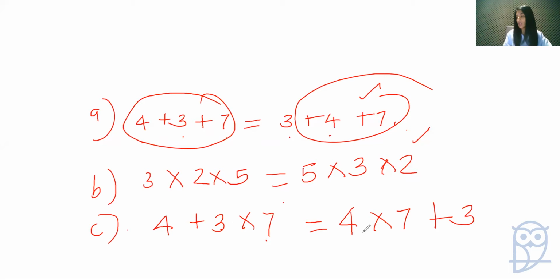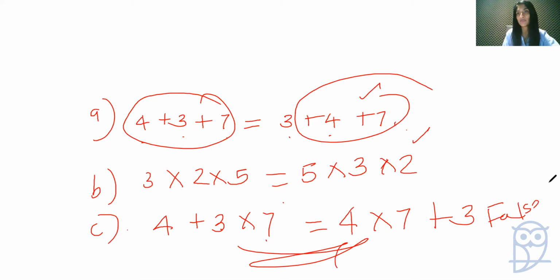And the second part, 4 times 7 plus 3: 4 times 7 is equal to 28, and 28 plus 3 is going to give me 31. Can you see how this answer won't be correct? So this will not apply because this will be false.